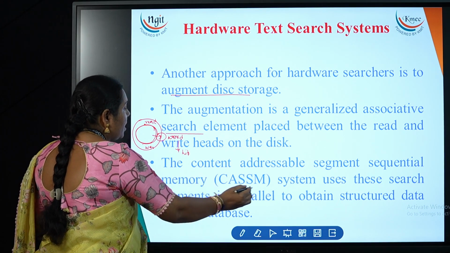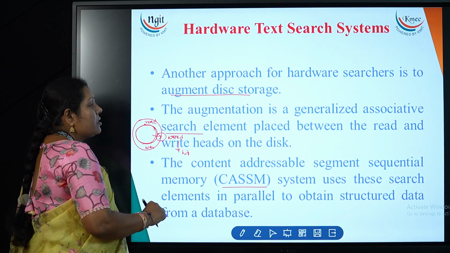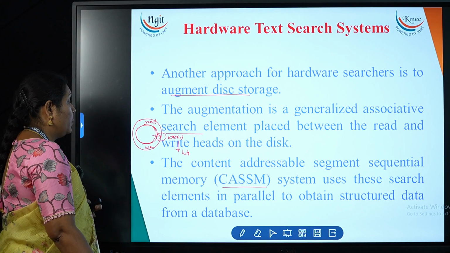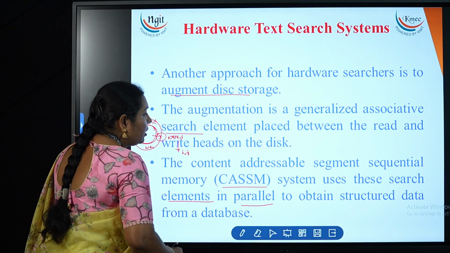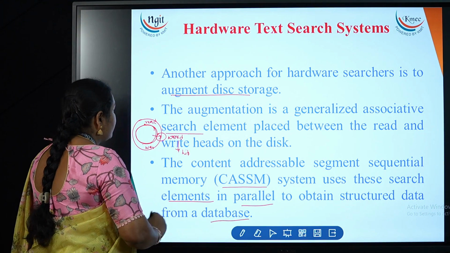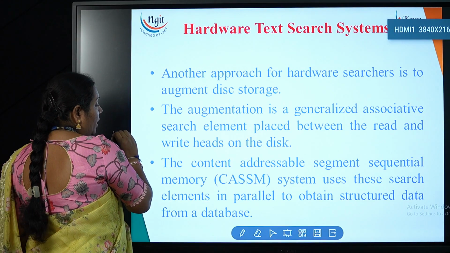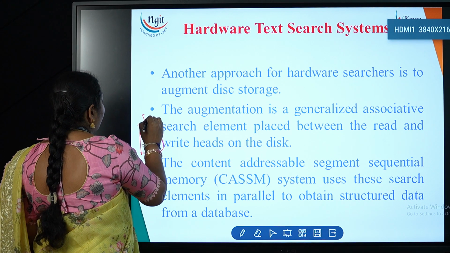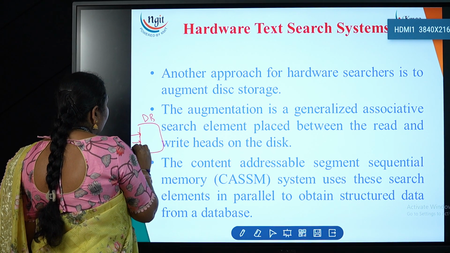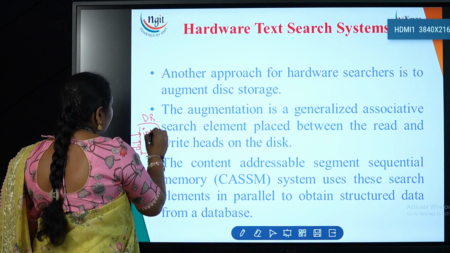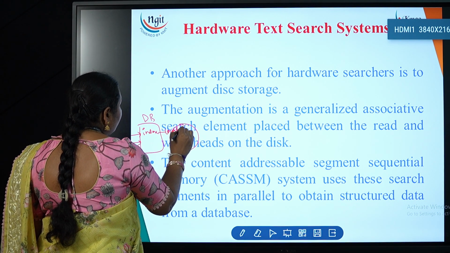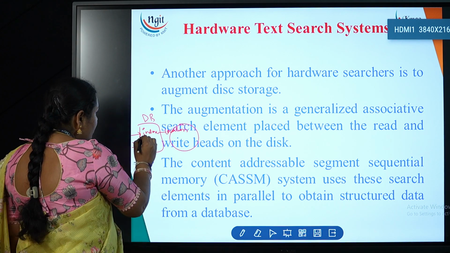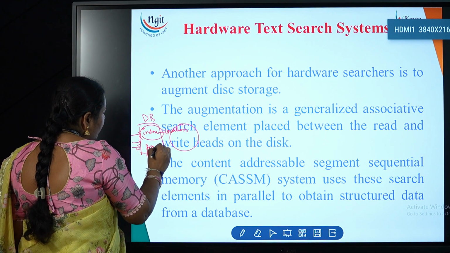The next one is CASSM, the Content Addressable Segment Sequential Memory. By the name itself, it has a search element parallel structured in the database. In the given database you have all the index terms and the location on your disk, and this is always parallel.